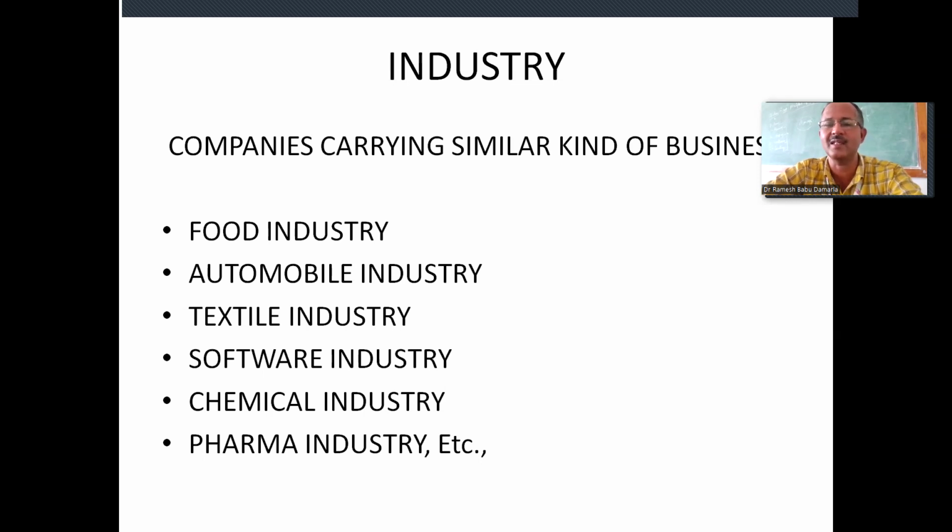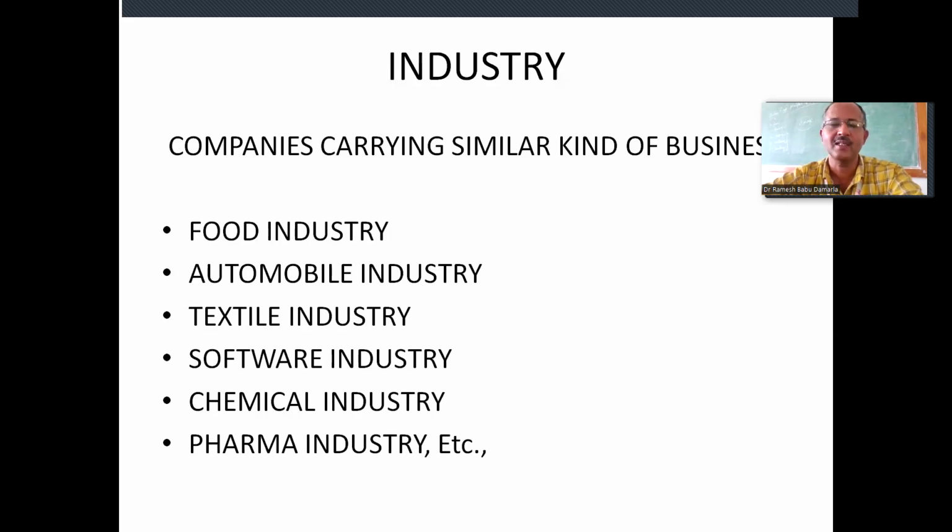When we say industry, companies carrying on a similar kind of business together, we call it an industry, right? For example, the food industry. You buy Lays, Kurkure, or any potato chips or any fried product, anything packed. All the companies making similar kinds of food products, we call them the food industry.